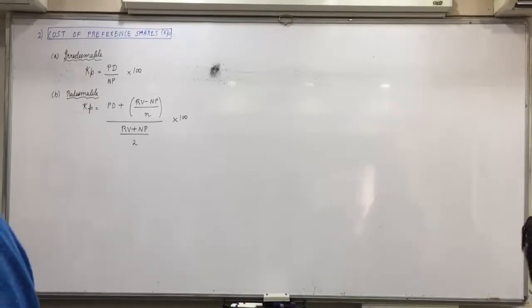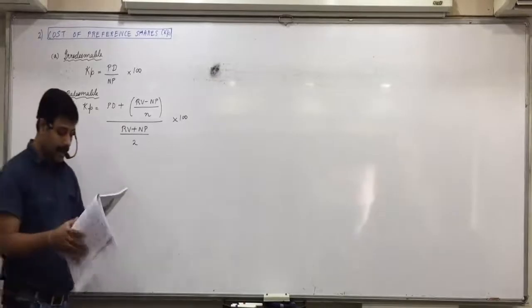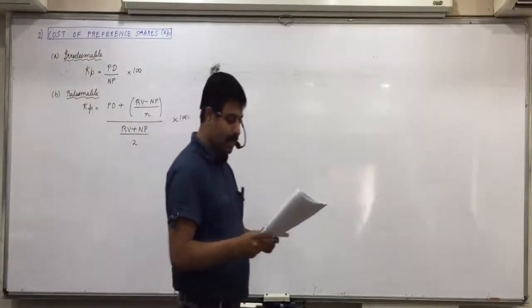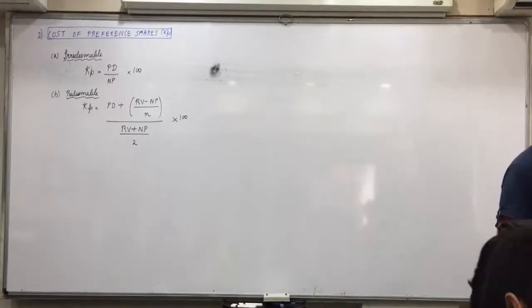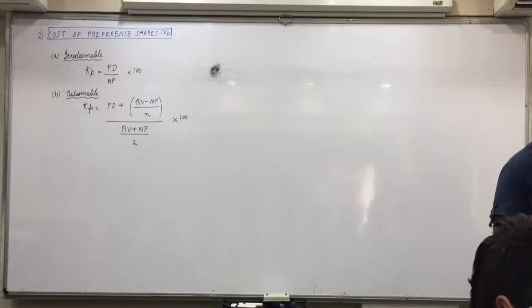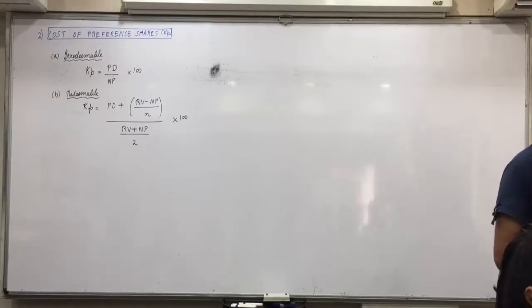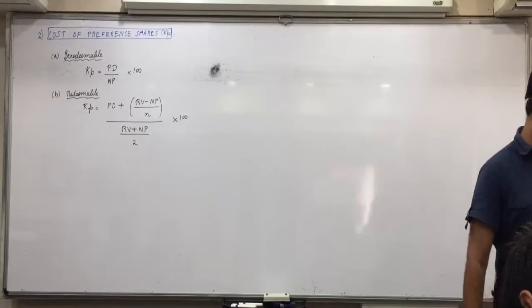I stands for interest. Now a company issued 10,000, 10% preference shares of rupees 100 each. First of all, what will be the preference dividend here?